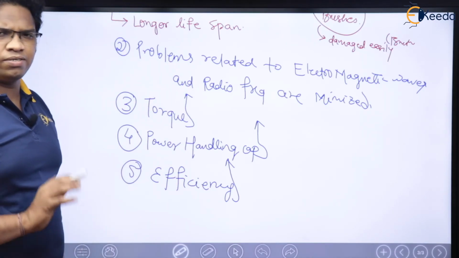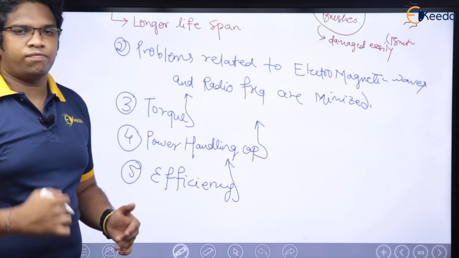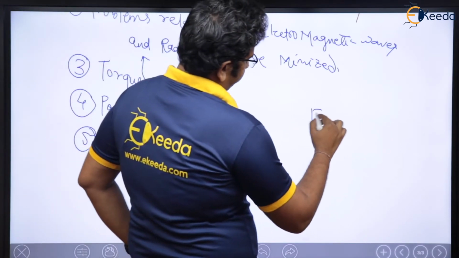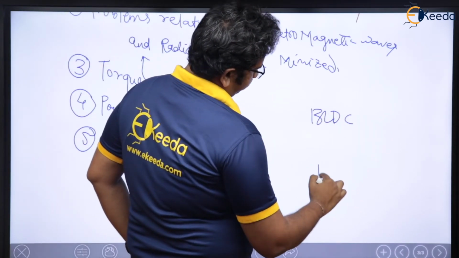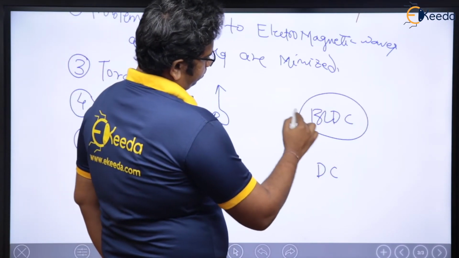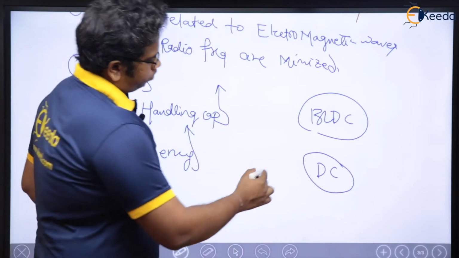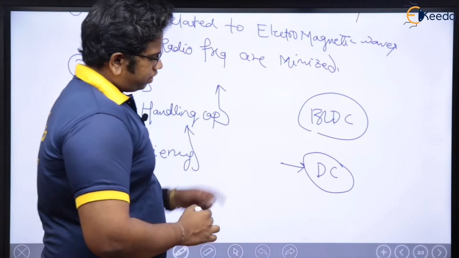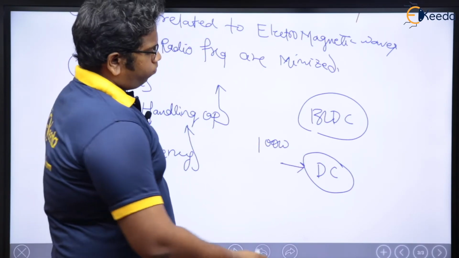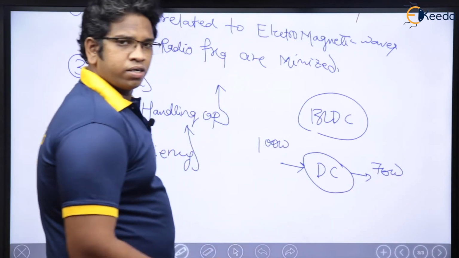For example, in the case of a DC motor, if you give an input of 100 watt, you may get somewhere around 70 watt output.